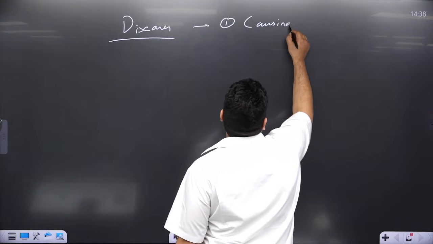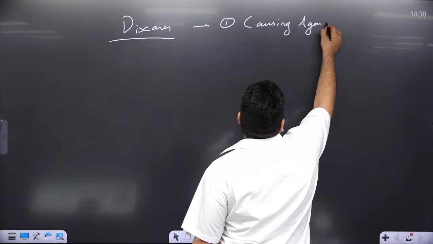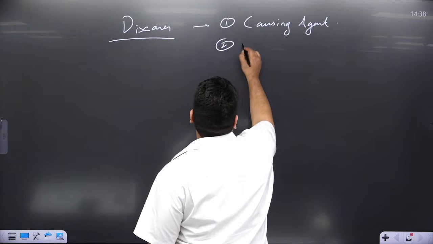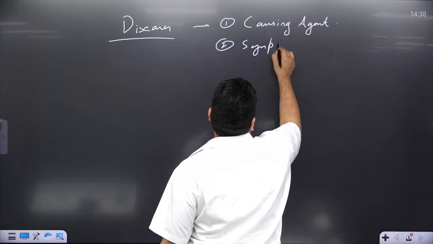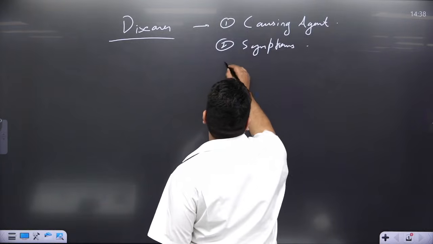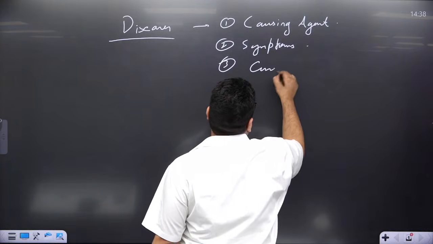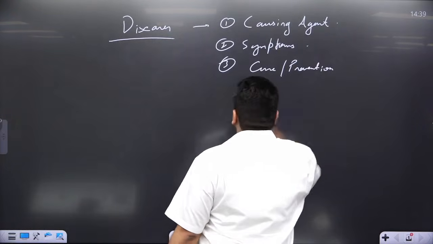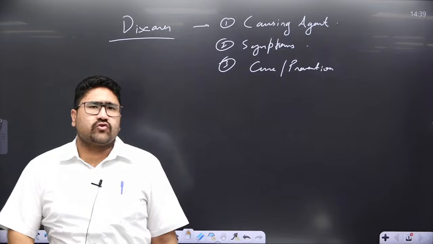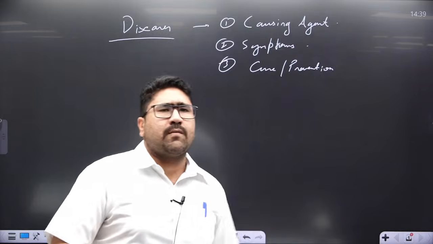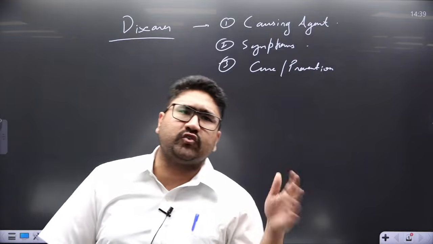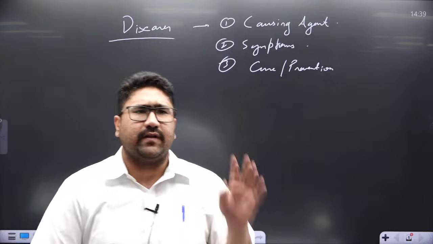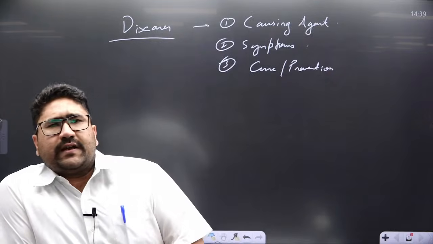Second, its symptoms. Third, its cure, prevention. These are the three things that you should be knowing for any disease that you come across from any source, whether newspaper, class, magazines, anywhere.